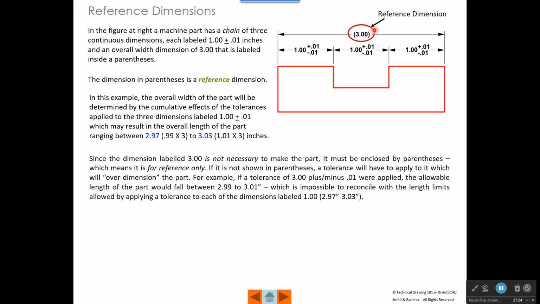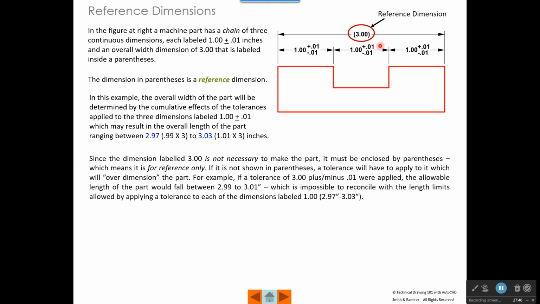Since this dimension is not necessary in order to make this part because the width is being determined by these 3 dimensions, we enclose it in parentheses, which means it's for reference only. If it were not shown in parentheses, a tolerance would have to apply to it, okay? And this would overdimension the part.